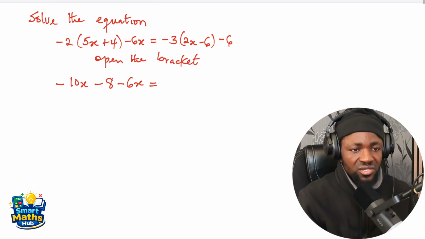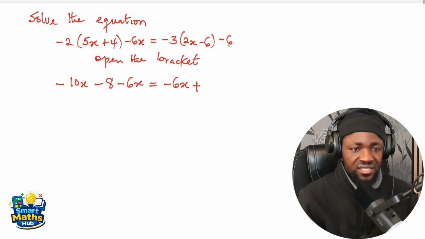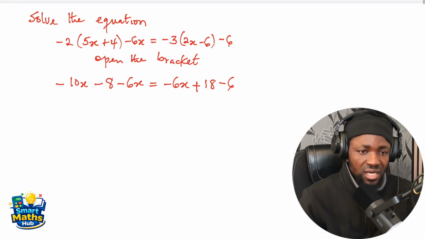Open the bracket as well. Minus 3 times 2x. So we have minus 6x. Minus times minus, you have plus. 3 times 6, you have 18. Minus 6, right? Is that clear?